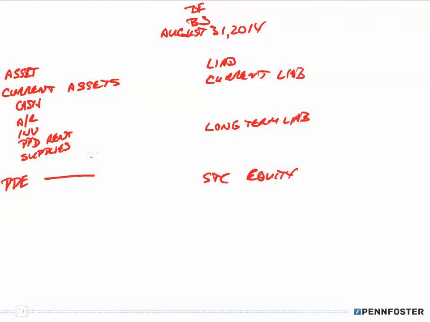And again, for me, this is not classified. This is for me just to be able to create the balance sheet and understand why I'm doing what I'm doing, even though I'm deviating from a perfect classified balance sheet. So I have supplies, and then I'll have my total current assets.